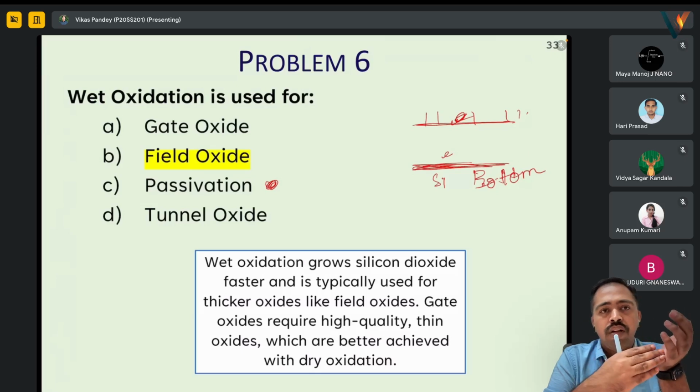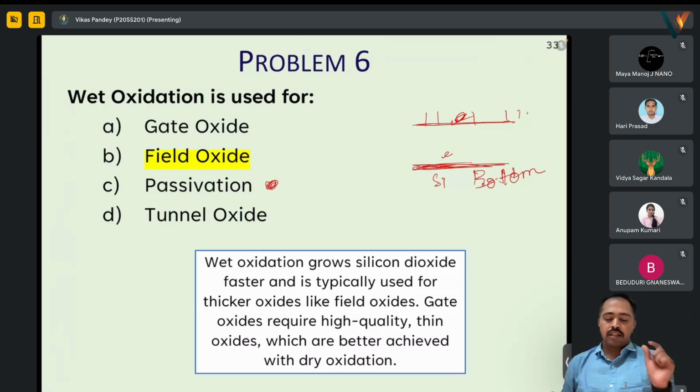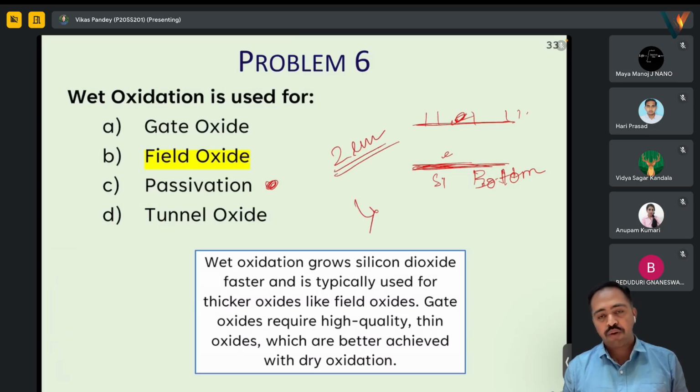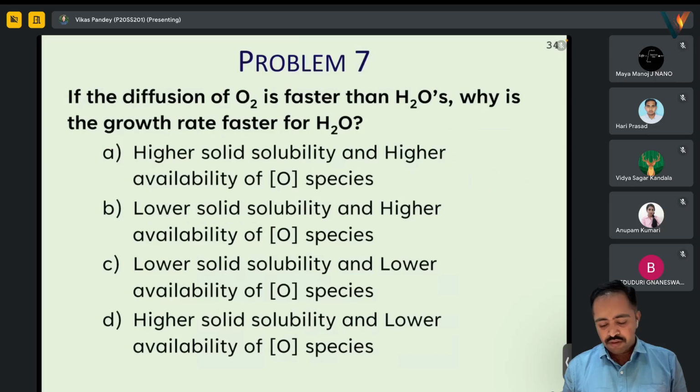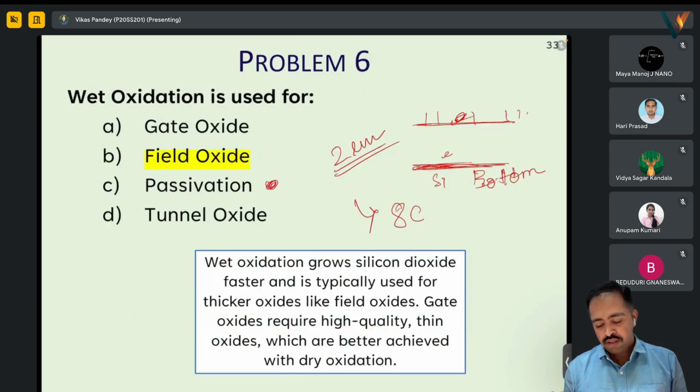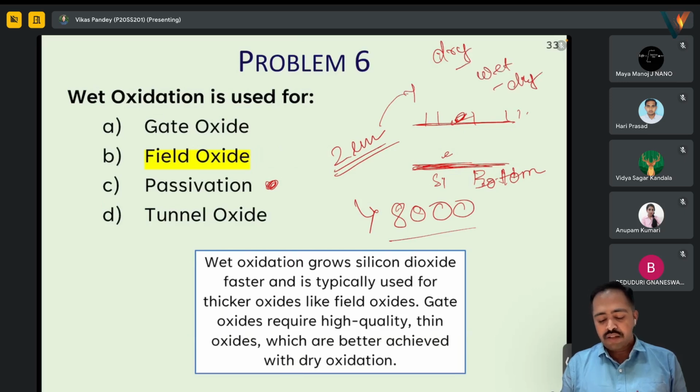So, say for a very good complete dry oxidation, 2 micrometer thickness, the cost is say 8,000, and when you are going for the 2 micrometer with dry-wet-dry, the cost is, I am saying approximately, around 5,000.